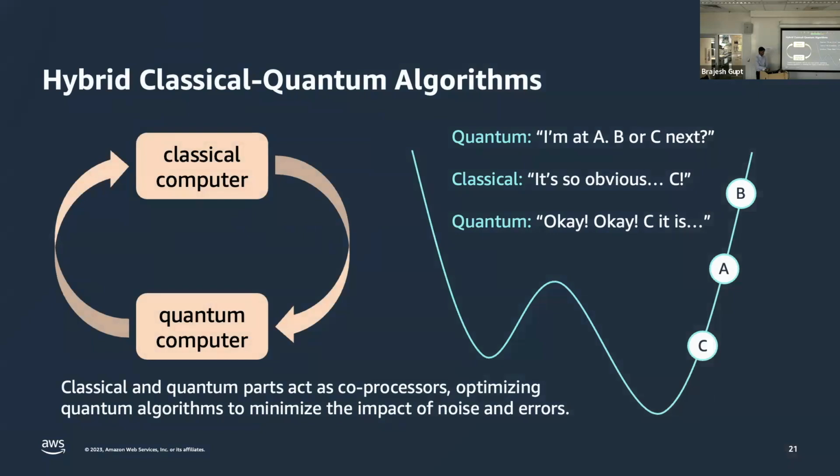Hybrid classical and quantum algorithms work with a classical computer and a quantum computer at the same time, in tandem, so that the quantum computer acts as a co-processor. It's similar to what we do when we use GPUs, right? Let's say you're training a neural network or whatever.